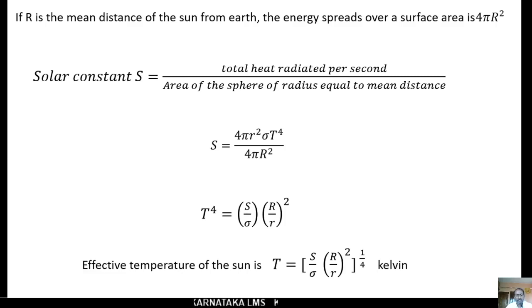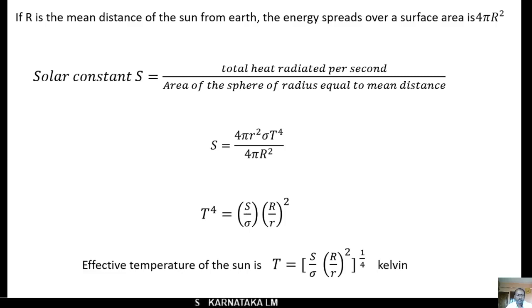The temperature of the sun can be calculated from Wien's displacement law also. Wien's displacement law is lambda T equals a constant.